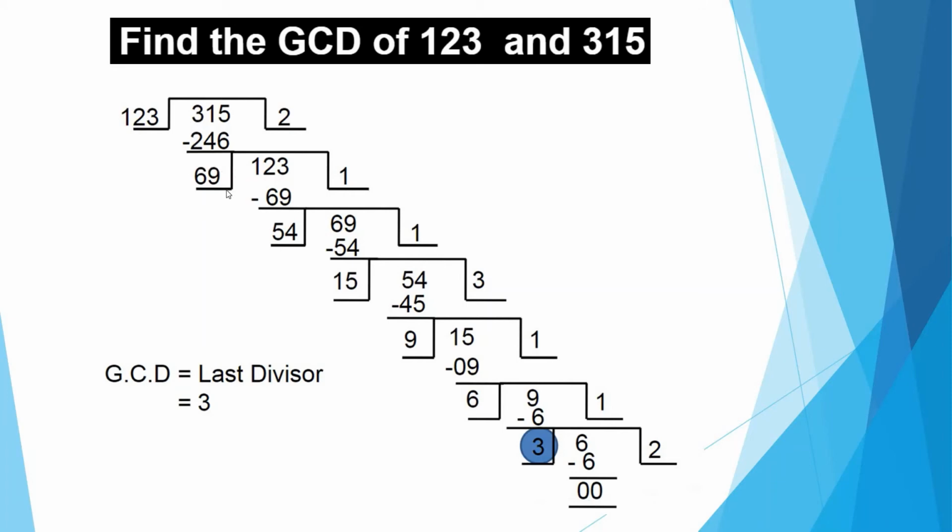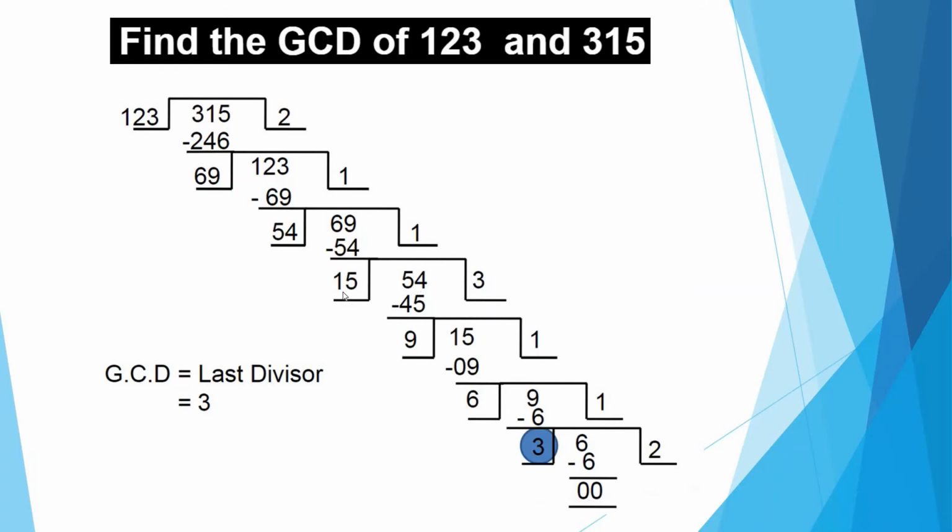We need to take the previous divisor as the new dividend and divide further. We get a remainder 54, and the previous divisor 69 is here. Moving further, we get the remainder 15.